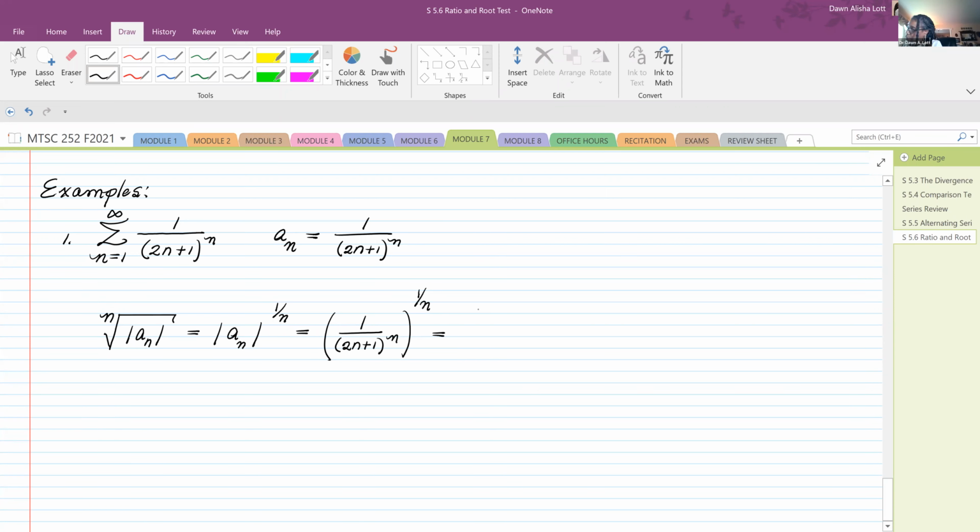So that's the same as (1 over 2n plus 1) to the nth power raised to the 1 over n power. So that just becomes 1 over 2n plus 1. Okay.